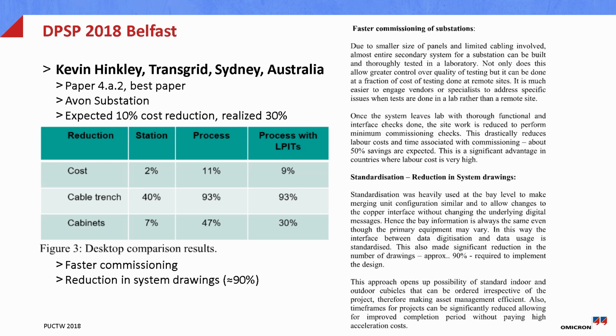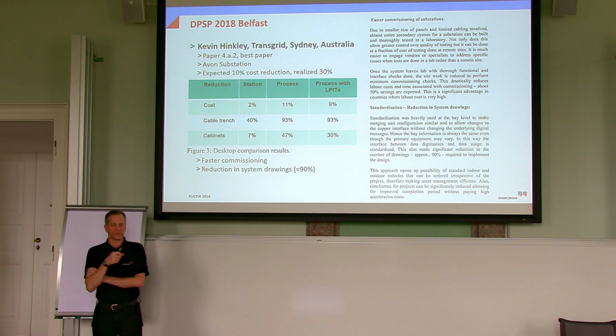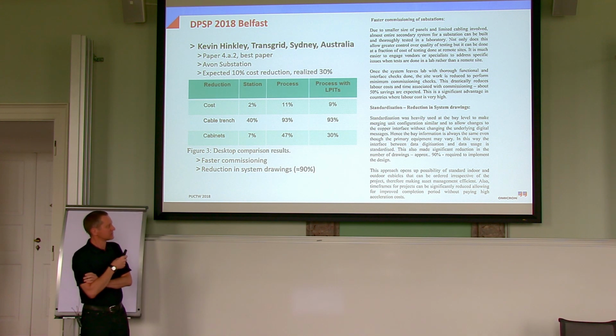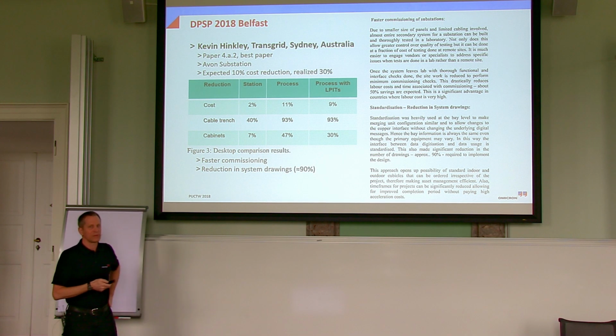So they avoided having all the surprises on site. They sorted it out in the lab, and then they chose which vendors they were using for implementing this. And also other problems were solved before they went out.